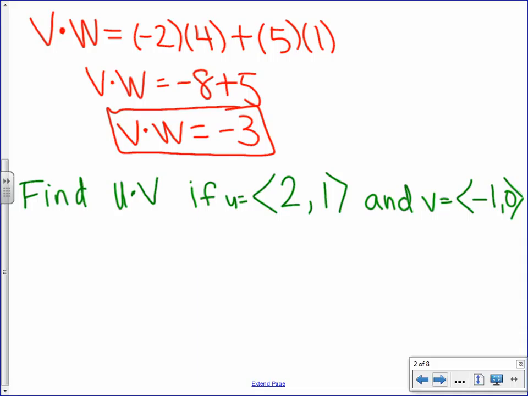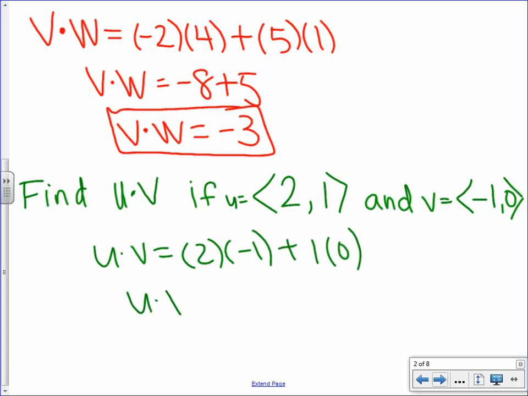Lori, talk me through how you did this problem. I did 2 times negative 1 plus 1 times 0, and I got negative 2. All right. Give me a thumbs up if you agree with Morgan. Negative 2. Awesome. Makes it nice when there's a 0 as one of the components, doesn't it?